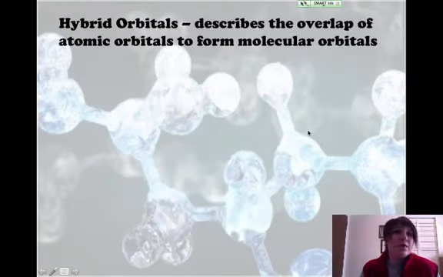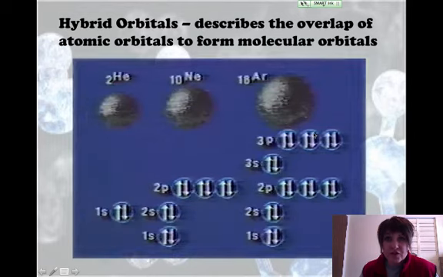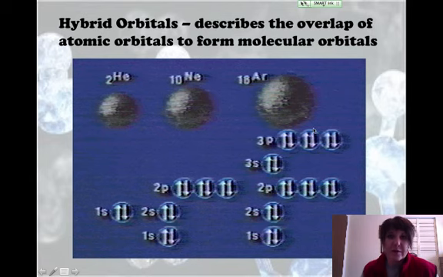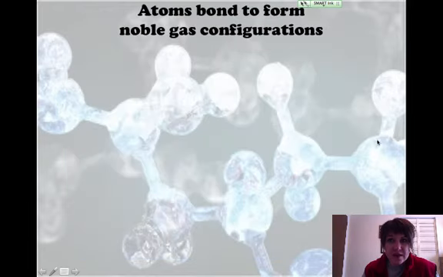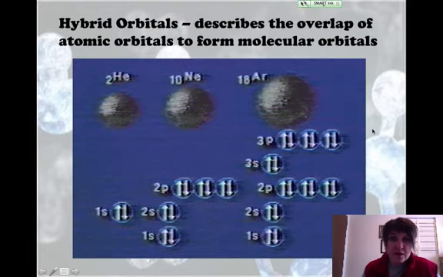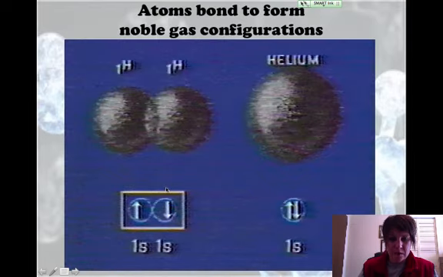So the VSEPR theory relies on the formation of hybrid orbitals, which describes an overlap of atomic orbitals to form molecular orbitals. So here I've shown the orbital diagrams for our noble gases. And you'll recall that atoms react with other atoms so that they can have the configuration of a noble gas.